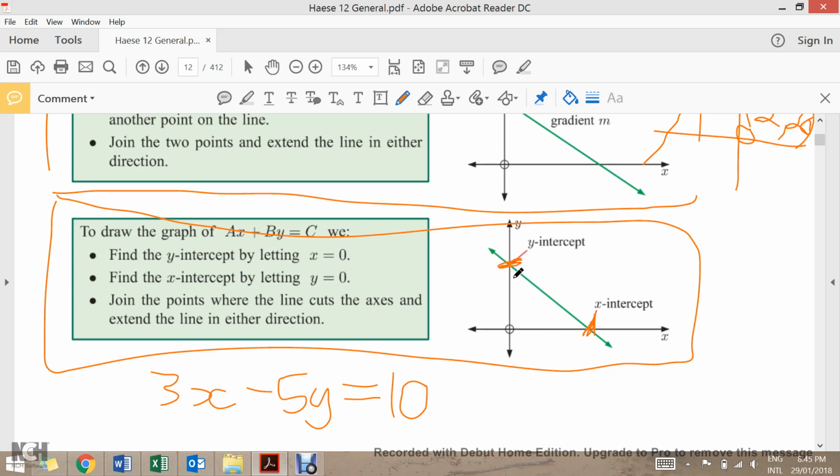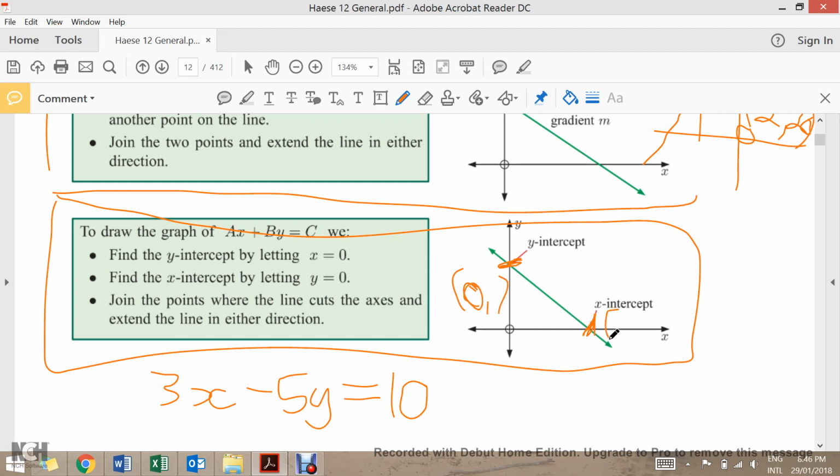Okay. If you said that x is 0 at the y-intercept and y is 0 at the x-intercept, you'd be absolutely right. So all we do is we plug in 0 for x into this equation here, in our general equation, and find what y is, and that will give you the y-intercept. 0 and some y value.